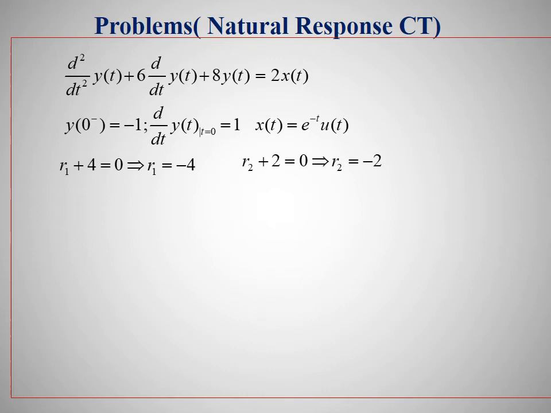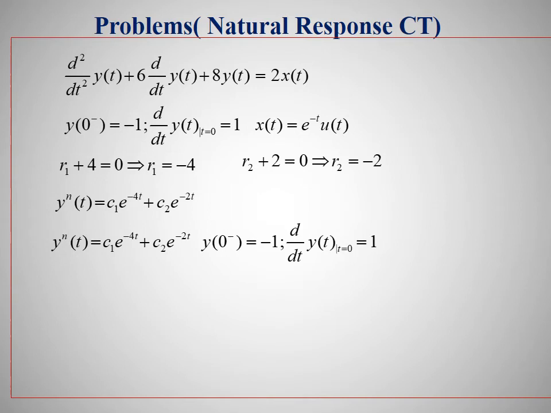So the first step is in determining the characteristic equation and the roots of the characteristic equation, which will be r1 plus 4 is going to be equal to 0. So r1 is equal to minus 4 and r2 plus 2 is going to be equal to 0. Hence r2 will be equal to minus 2.